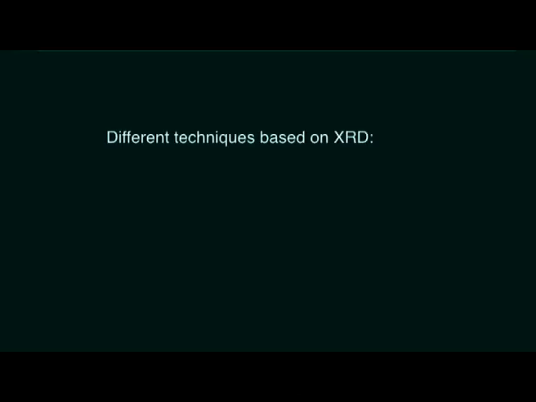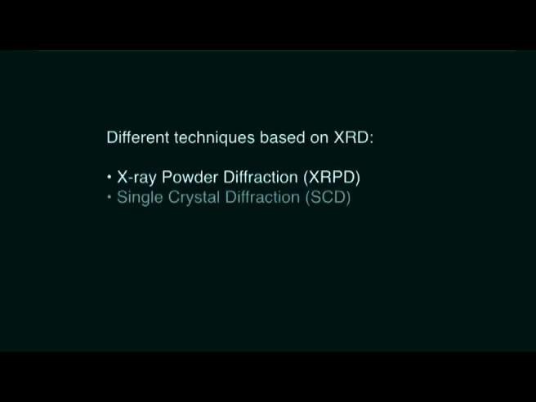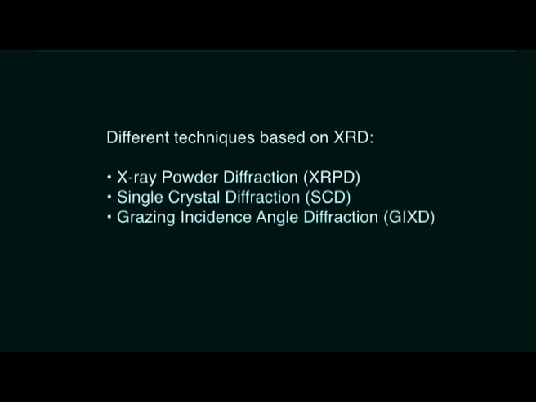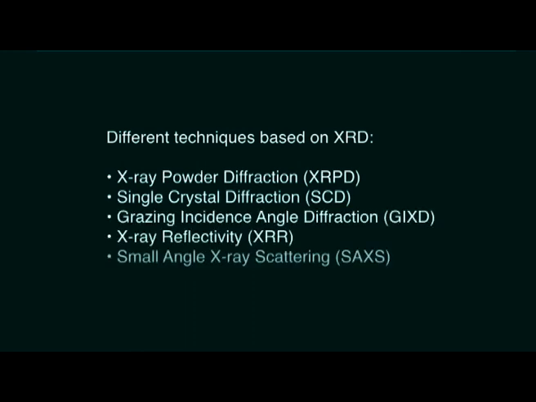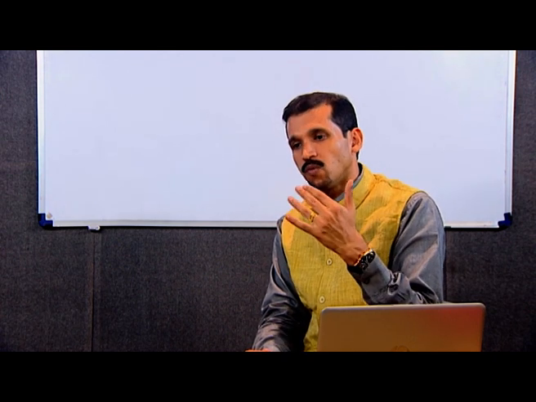First, X-ray powder diffraction. Second, single crystal XRD, grazing incident angle diffraction, X-ray reflectivity, and small angle X-ray scattering. I am not detailing all 5, but for a preliminary study, the first and foremost and the most widely used technique for XRD is X-ray powder diffraction.